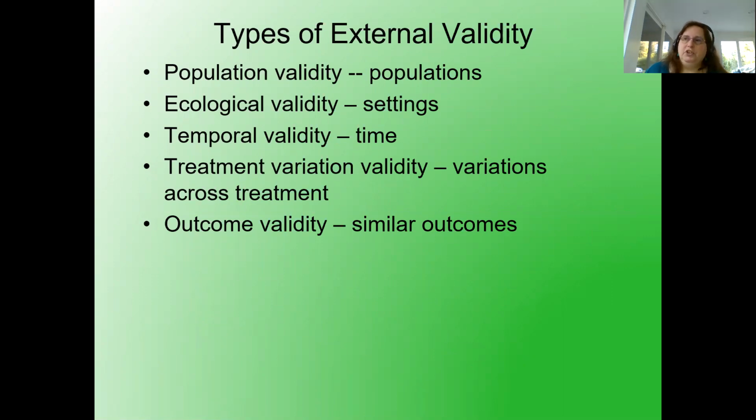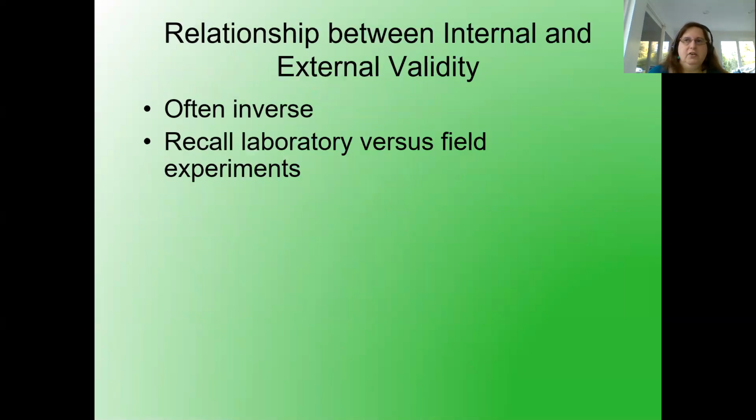So again, we started talking about 4 types of validity: our statistical conclusion validity, our construct validity, our internal validity, and our external validity. Okay. Now, I just want to again emphasize, even though I already did before a little bit, notice the relationship between internal and external validity, that they're often inverse.